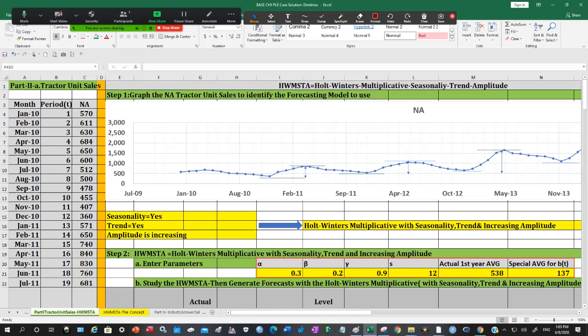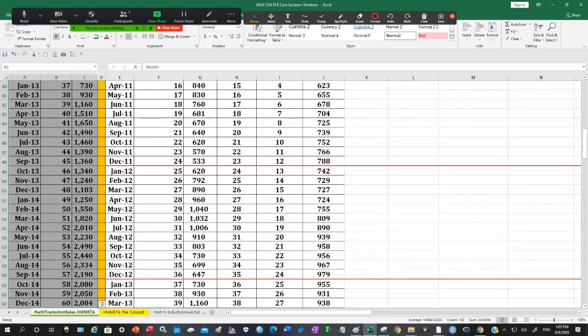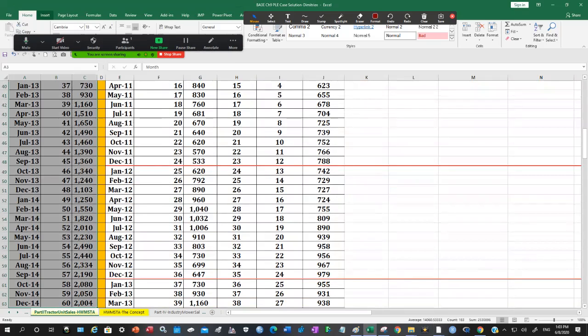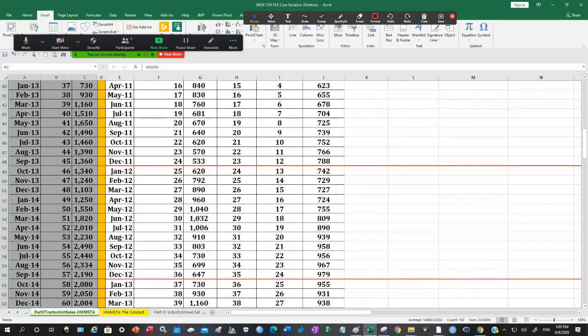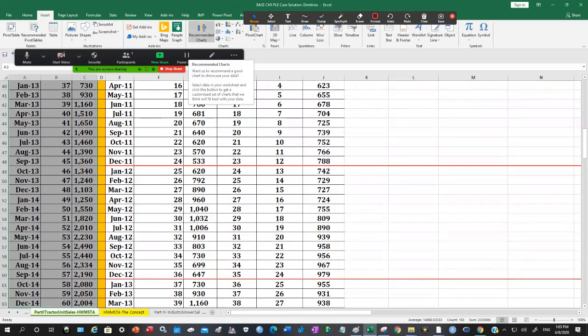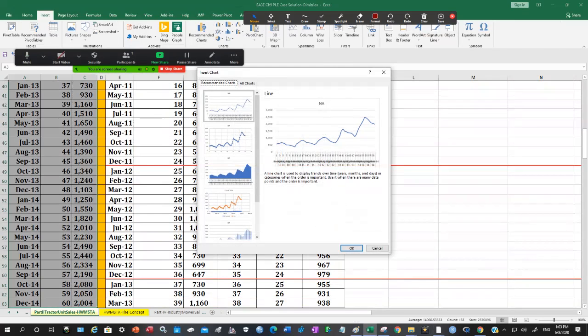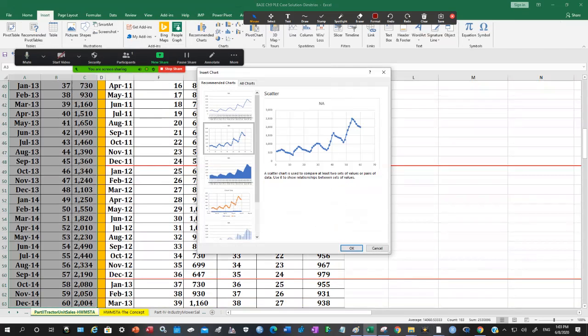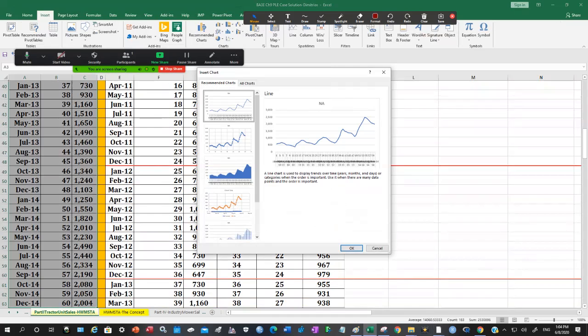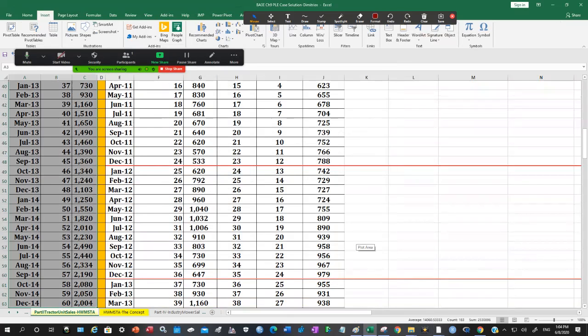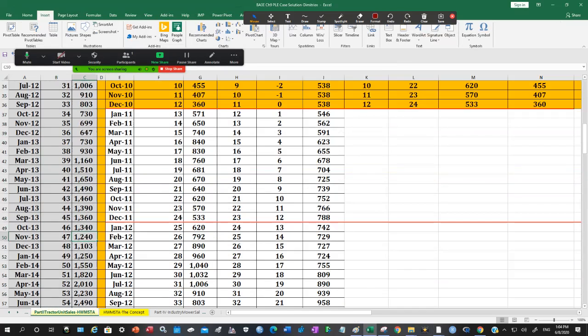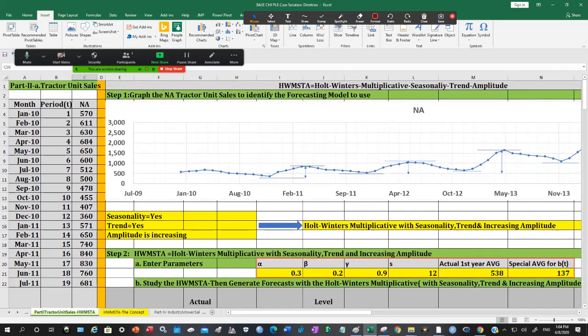If I take these three columns and select them, and then go to insert, recommended charts, you will see that we get this chart. Actually, I should have selected the month column and the NA column, those two.